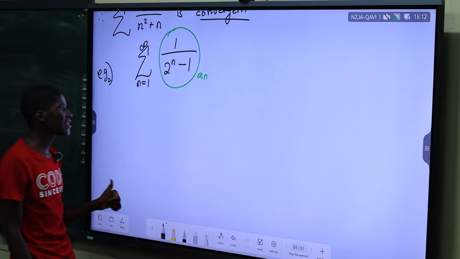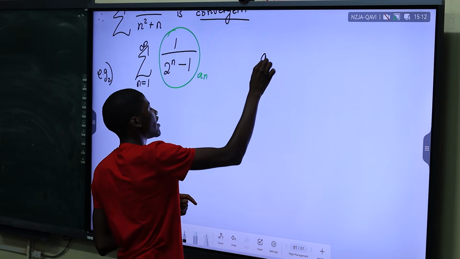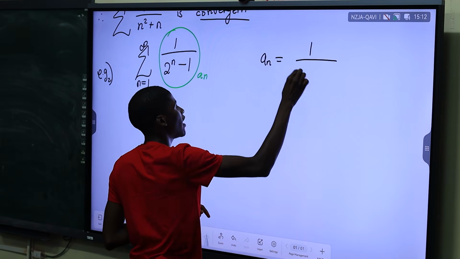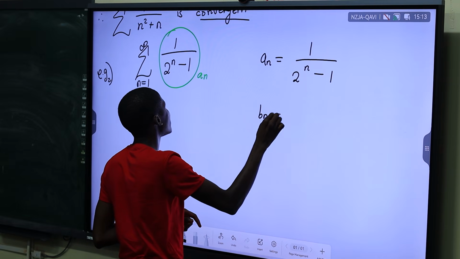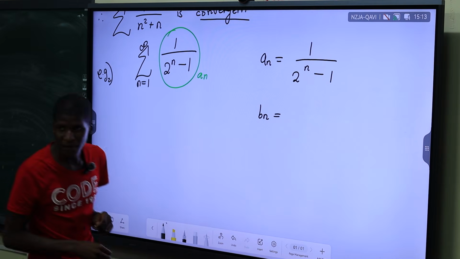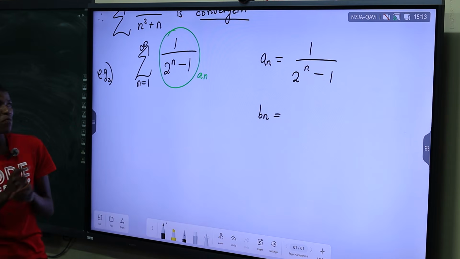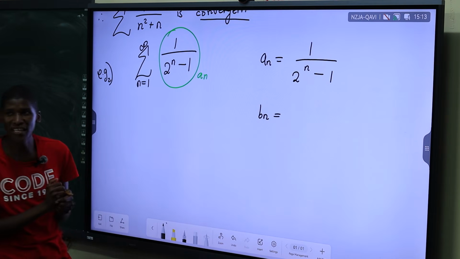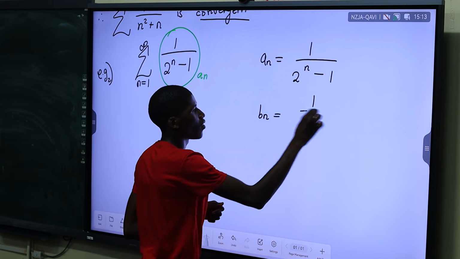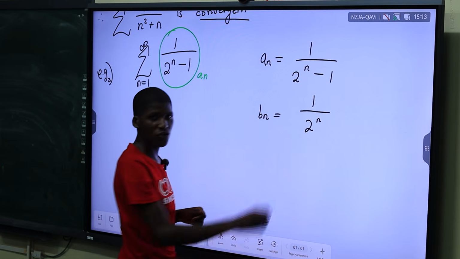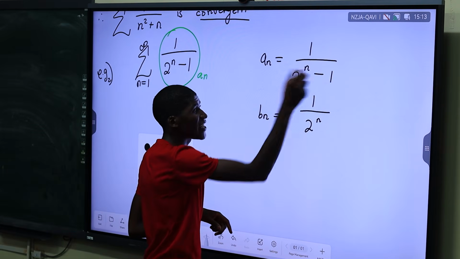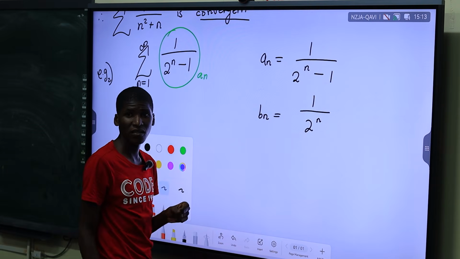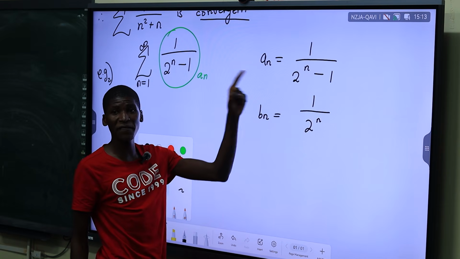So at this point, we realize AN is given by 1 over 2 to the power of n minus 1. And BN is given by what? If we try to make BN from that, it's 1 over 2 to the power of n again. Why did we pick 1 over 2 to the power of n, and not the other denominator, the minus 1? We take the significant term.